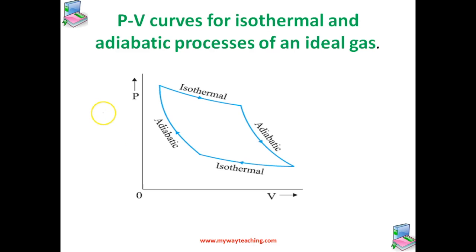You can see in this particular figure PV curves of an ideal gas for two adiabatic processes connecting two isotherms. So we can calculate as before the work done in an adiabatic change of an ideal gas.